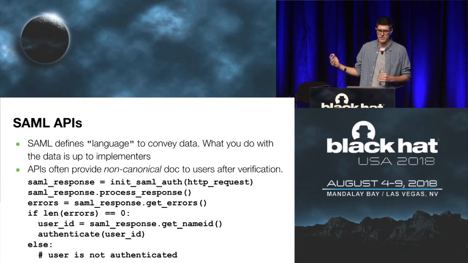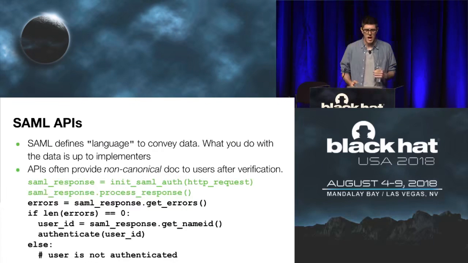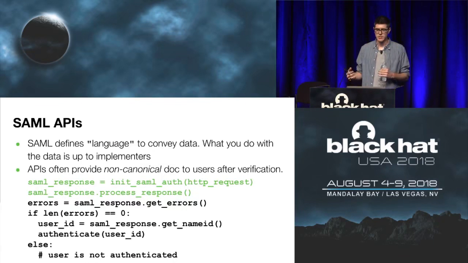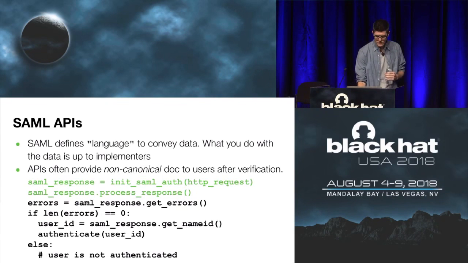We can see in this code snippet here, using the Python SAML API, how you could probably build a very simple SAML SP. This code snippet is just taking something like an HTTP request object, processing it and transforming it into a SAML document object. This SAML object is then processed and checked for signature validity.